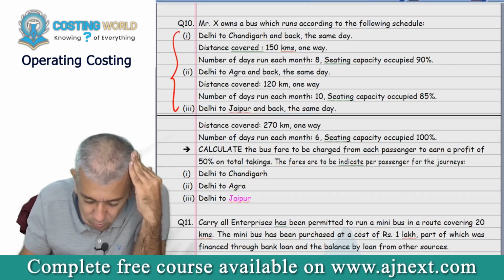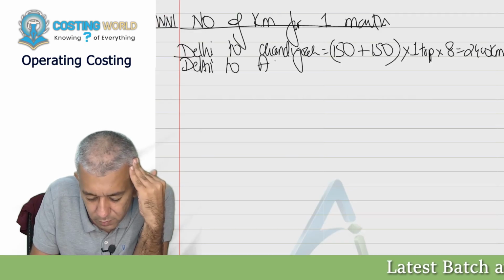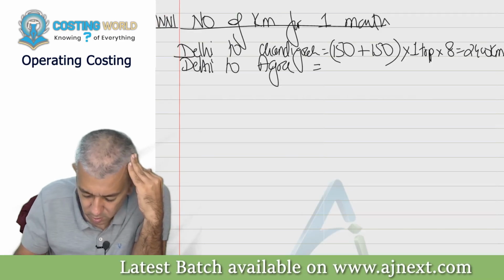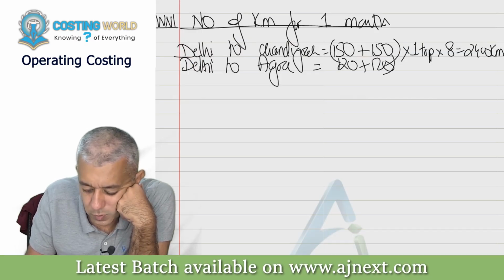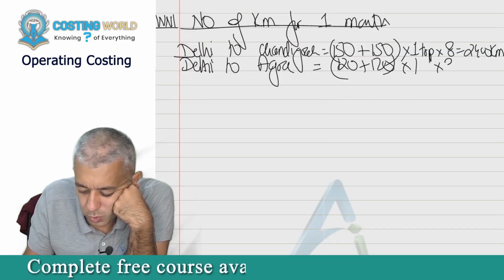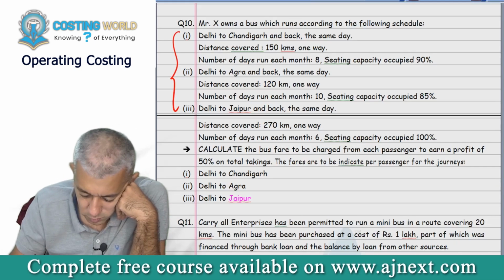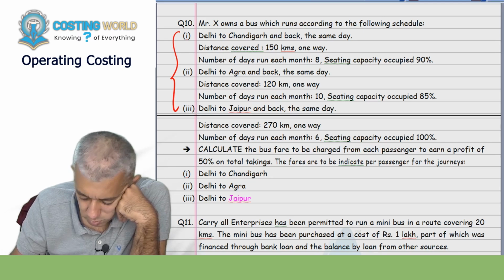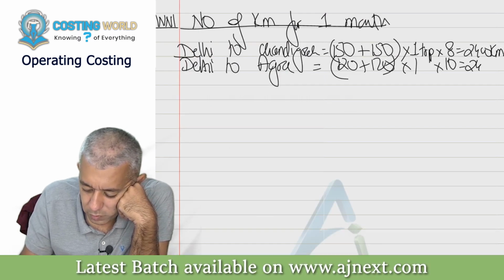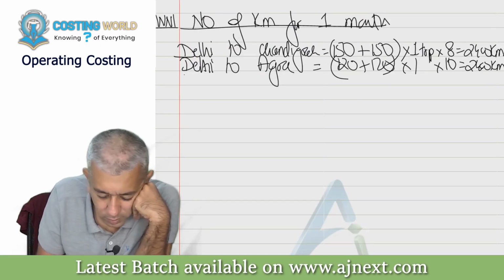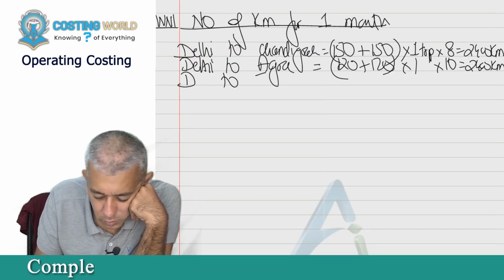Then Delhi to Agra. It is how many kilometers? 120. So 120 plus 120 into 1 into 10, no? 240, 2400.